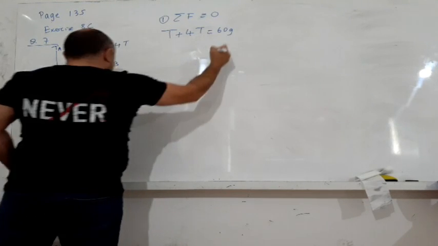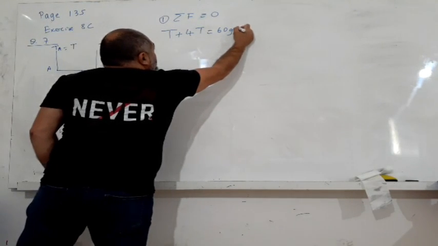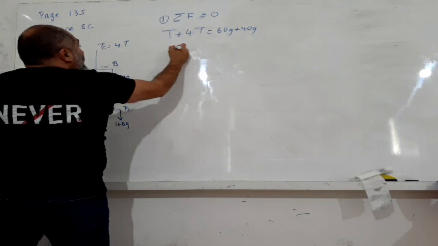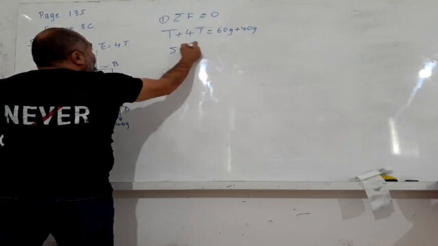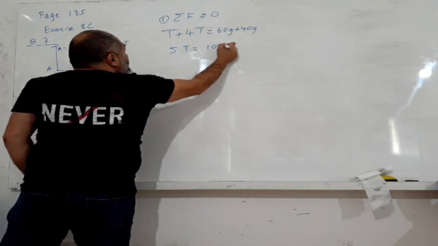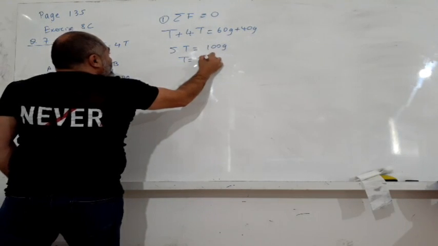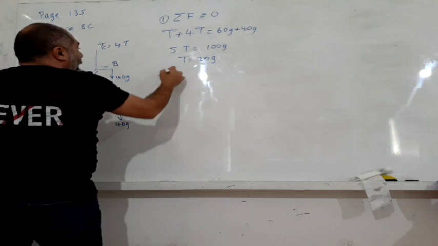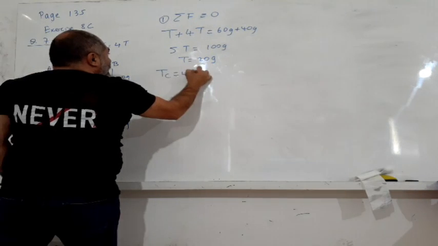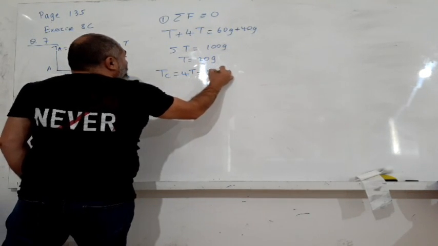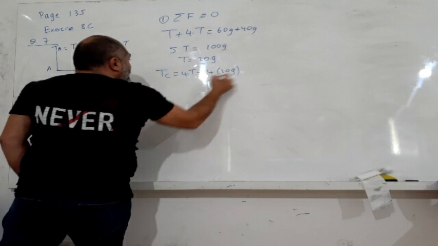So a total of 5T there, 100 G there, so tension A is equal to 20 G, and tension C is equal to 4 times 20 G, tension C is equal to 80 G. Do you have any questions?